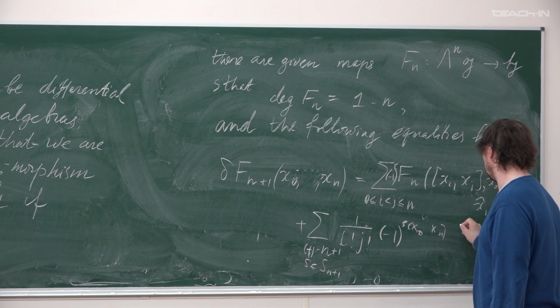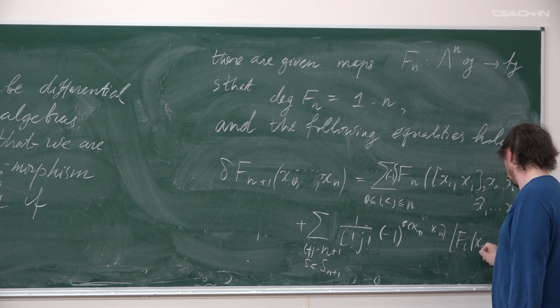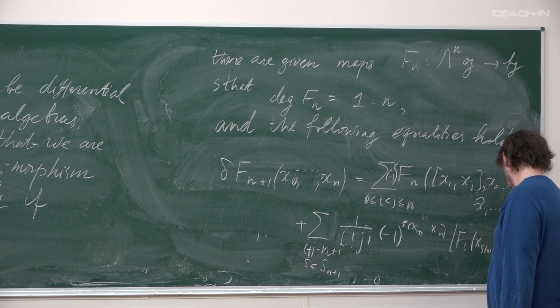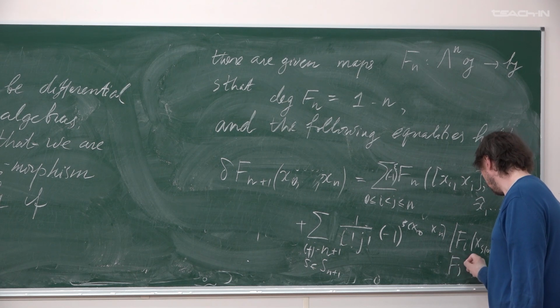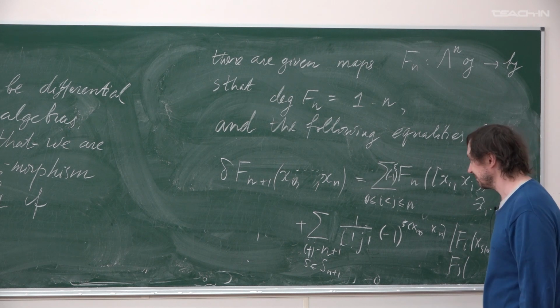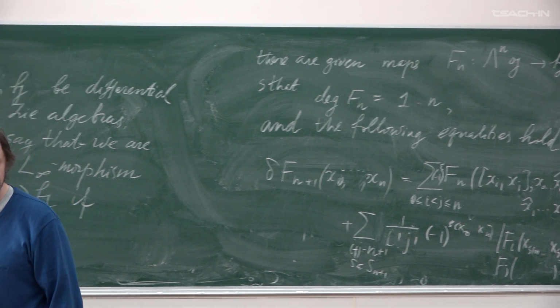Then you have the following thing. Fi is applied to x sigma 0 through sigma i, commuted with Fj of the rest of the elements. As you see, it looks pretty complicated and pretty cumbersome.